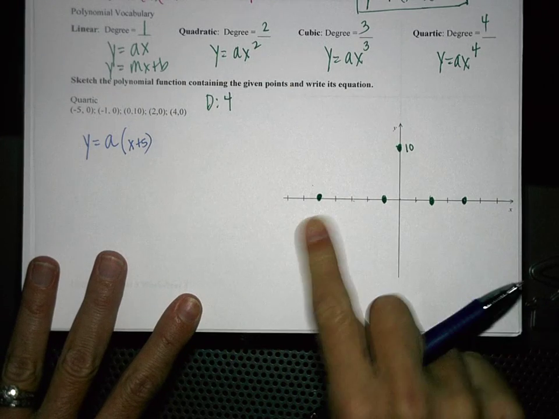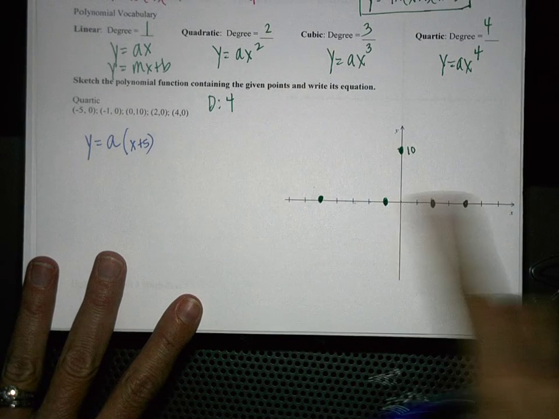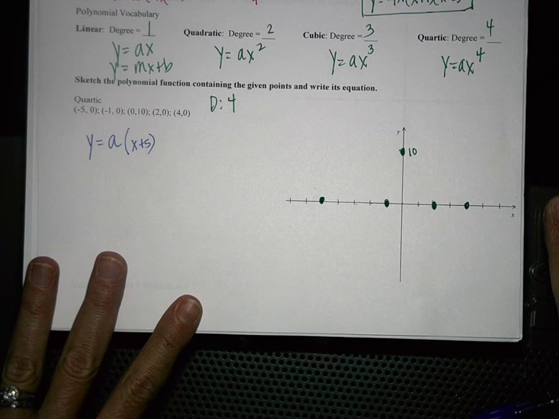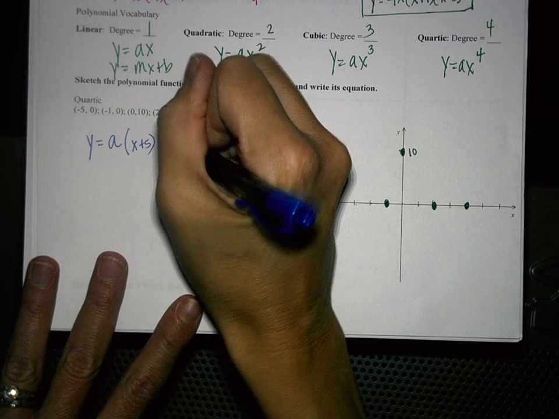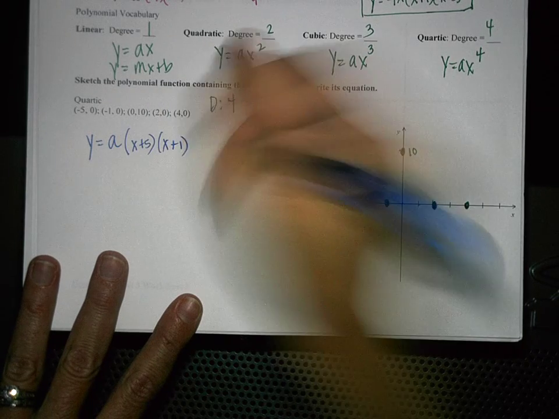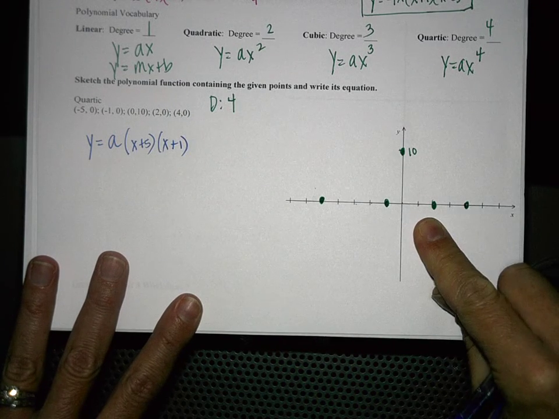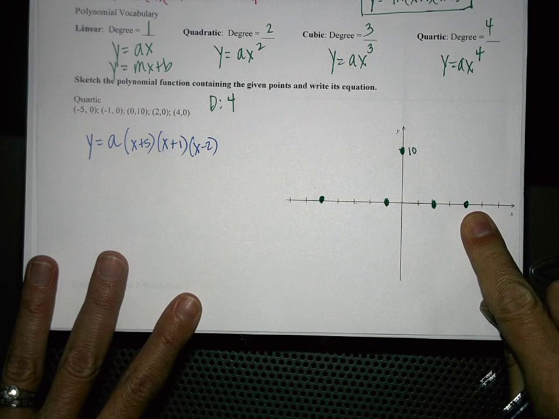And we know none of these are going to have anything other than an odd exponent because this gives me my 4th power. Okay, this one is going to be what? X plus 1. Good. This one is? Good. This one is? Good.